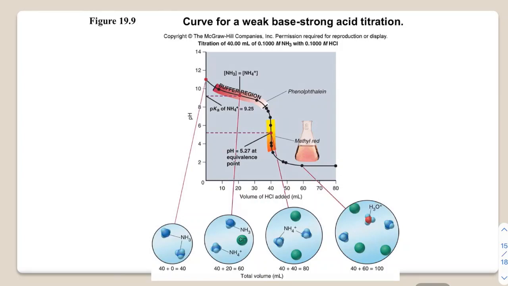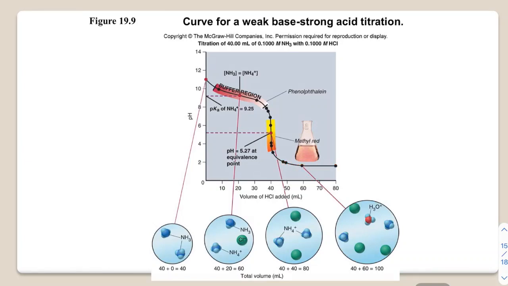This is the initial pH, and then the pH decreases. This region we call the buffer region, because it consists of ammonia and its salt, ammonium chloride. Then we have a steep drop here, and this is the pH at the equivalence point, which is less than 7, and then it decreases more, and it is constant.